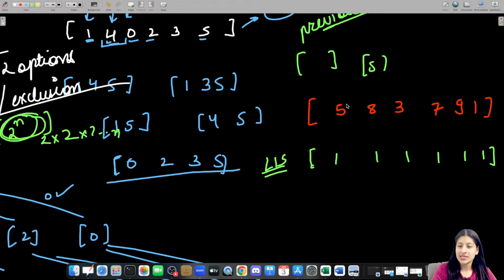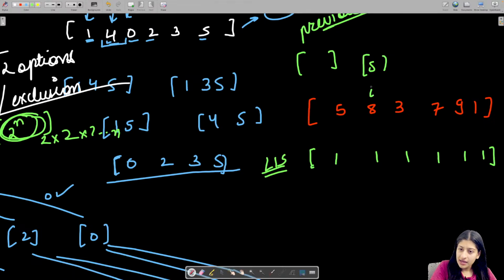Okay. Now let's do one thing. Let's iterate over this array in this way. My i starts here and my j goes from 0 till i minus 1. How and why? See, when I am at this index, I'll check, is my ARR of j less than ARR of i?